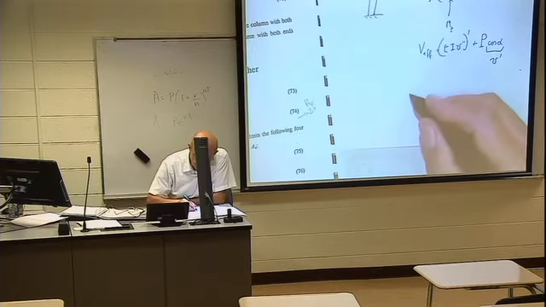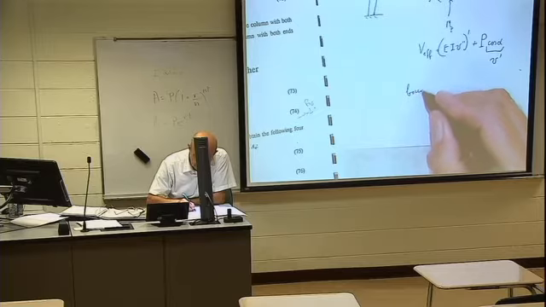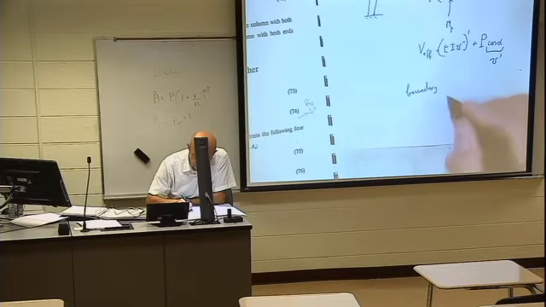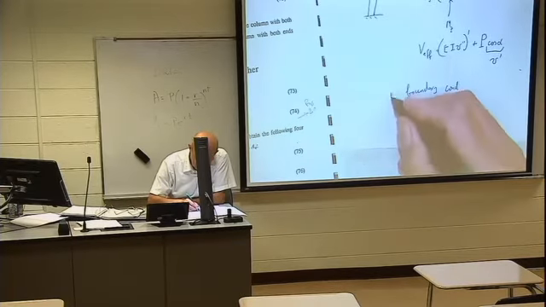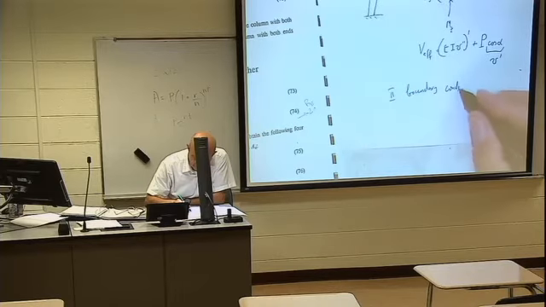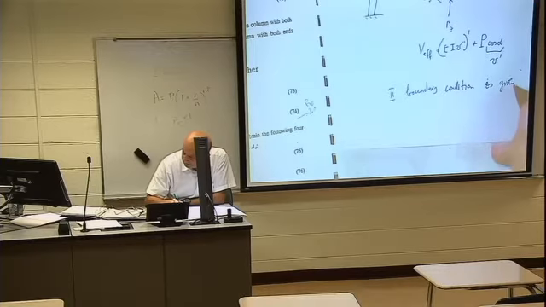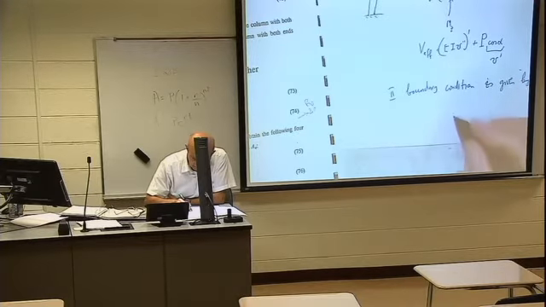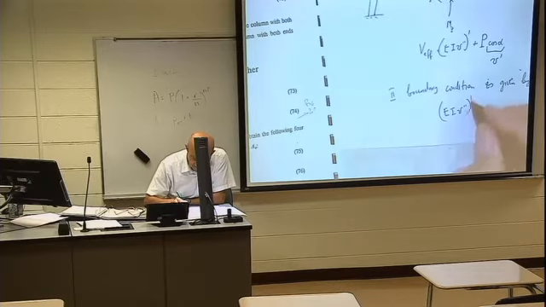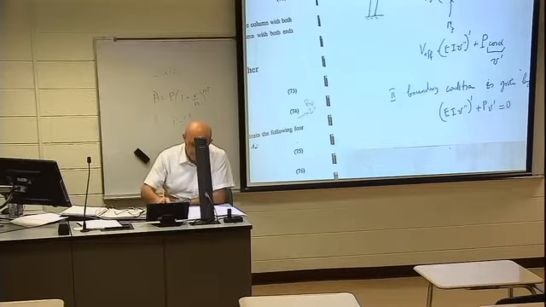So the second boundary condition is given by EI V triple prime plus P V prime equals 0.